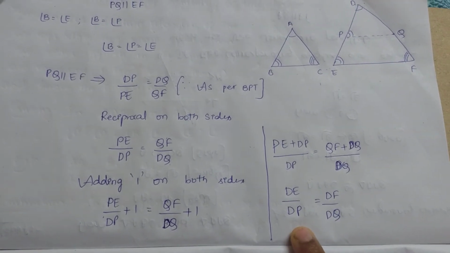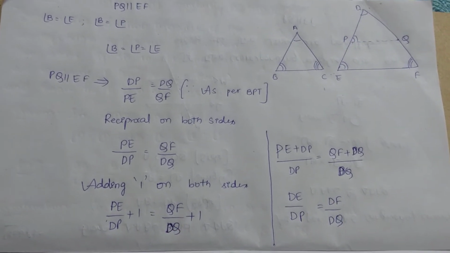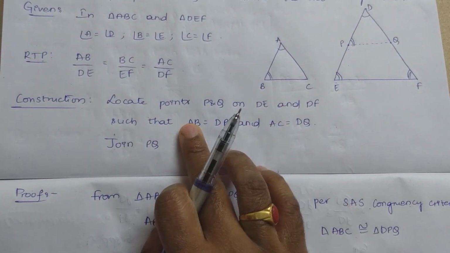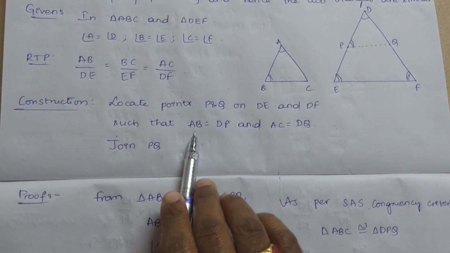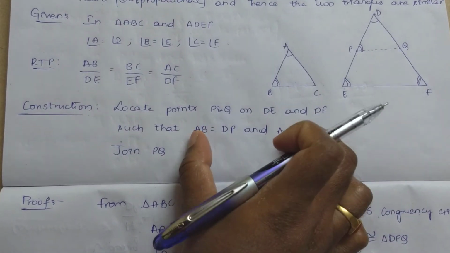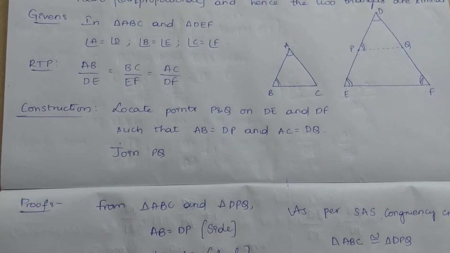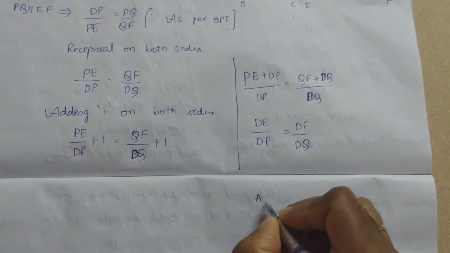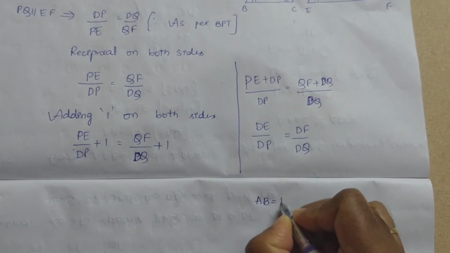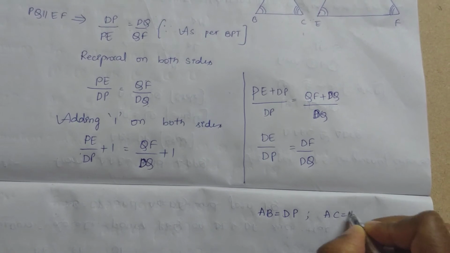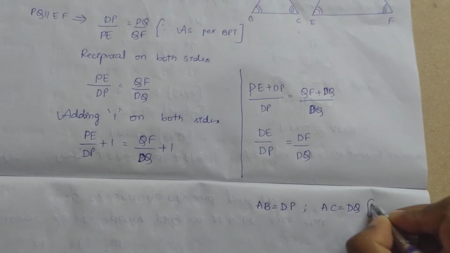Now let's move on to the construction part. Here we have constructed such that AB equals DP and AC equals DQ. Let's write these two, whatever we have constructed now: AB equals DP, AC equals DQ.